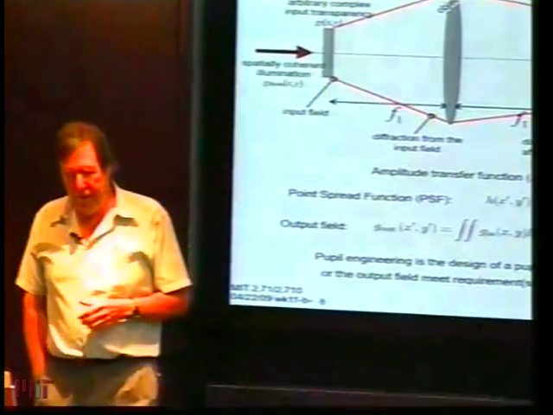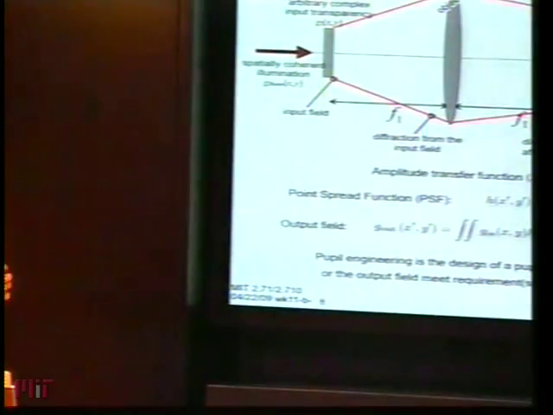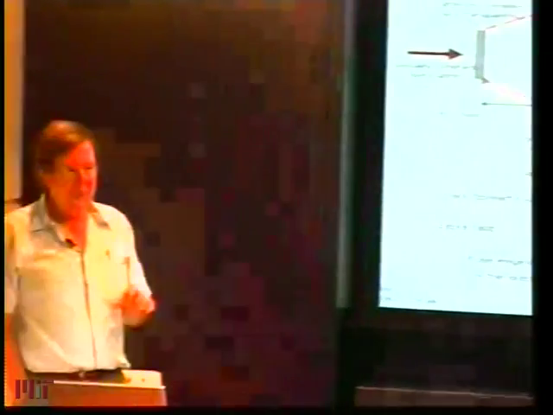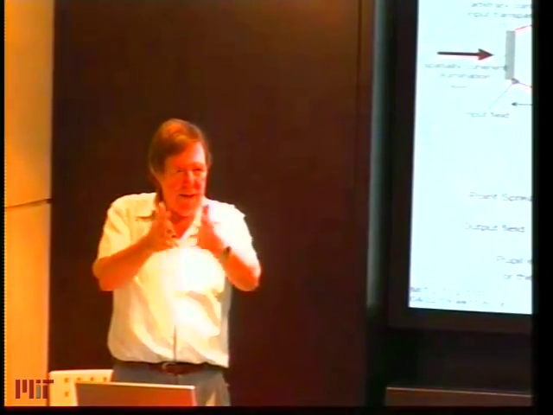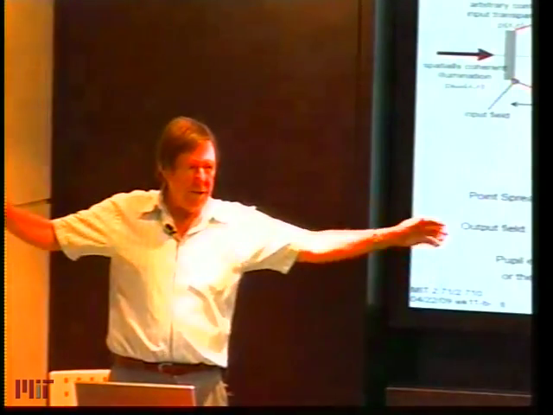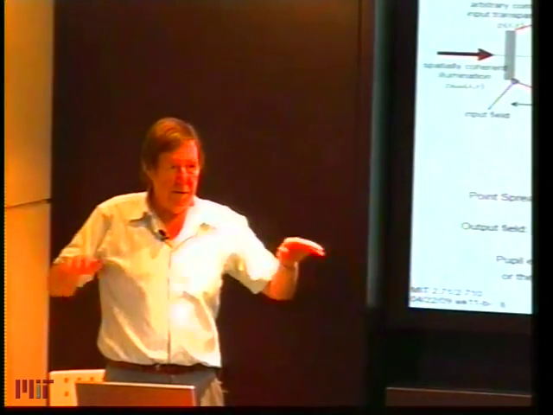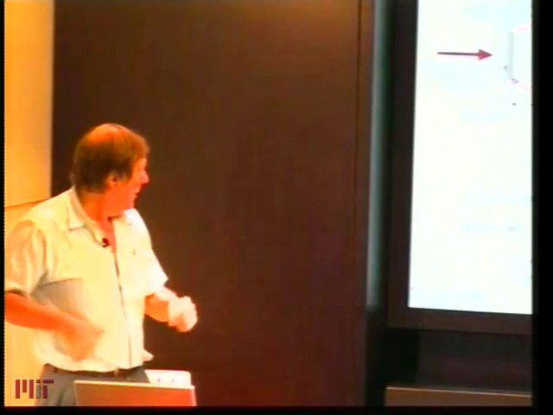The circular aperture is actually very special because it does give, according to some measures anyway, a very sharp point spread function. If you can come up with other pupil functions that make the central lobe narrower, but normally what happens is then the size of the side lobes gets stronger. So it's a sort of compromise. You can't have a very small central lobe together with very weak side lobes.